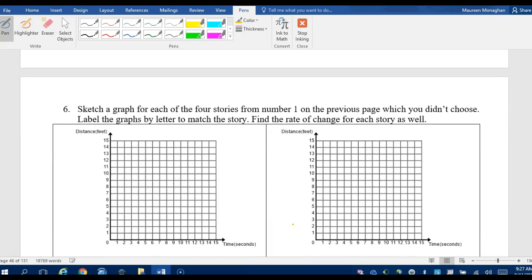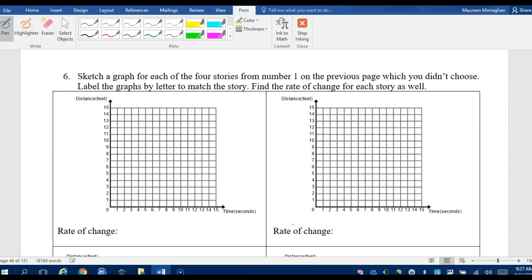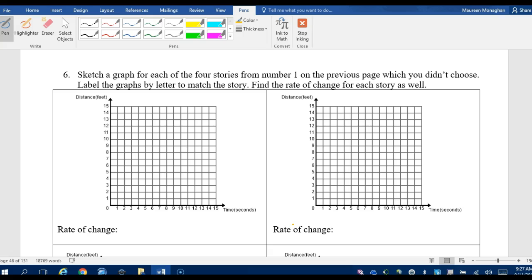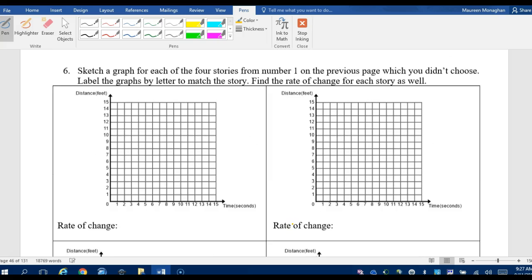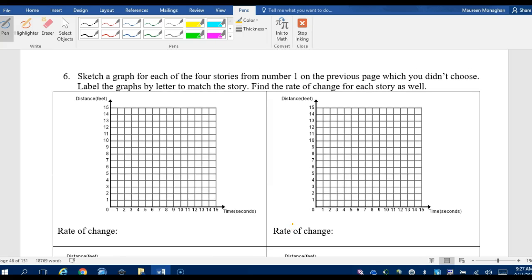We get to sketch a graph for each of the 4 stories from number 1 on the previous page, which you didn't choose. Well, I already did this for you, so what I would like you to do is still sketch it. Try not to look on the previous page at the answers that I gave.